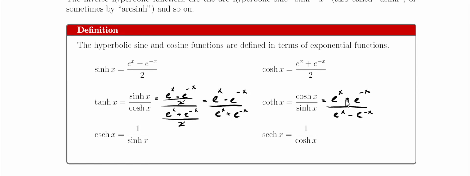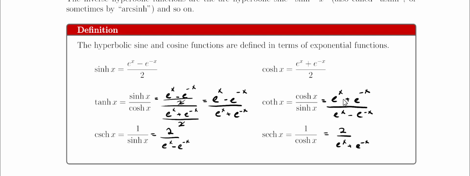Now we also have the hyperbolic cosecant, csch of x, defined as 1 over the sinh, which we can rewrite as 2 over e to the x minus e to the negative x. And lastly, the hyperbolic secant, sech, defined as 2 over e to the x plus e to the negative x. So here we have our 6 hyperbolic functions defined in terms of other hyperbolic functions or in terms of exponential functions.